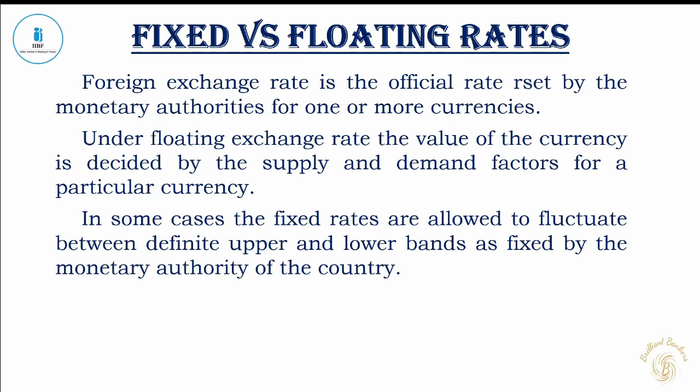Whenever there is demand and the supply is less, the rate increases. And when the supply is more, the price decreases. This is what is called the floating exchange rate. In some cases, the fixed rates are allowed to fluctuate between a definite upper and lower band as fixed by the monetary authorities of the country.